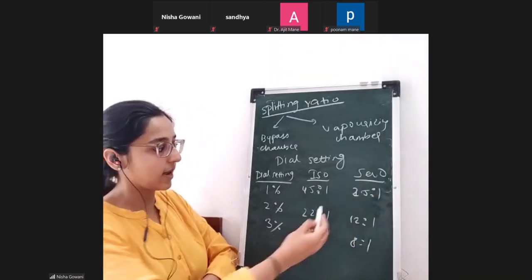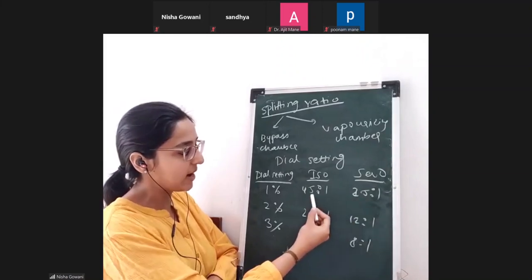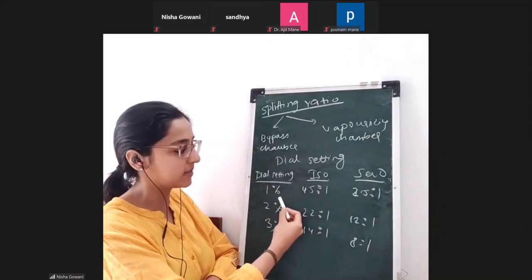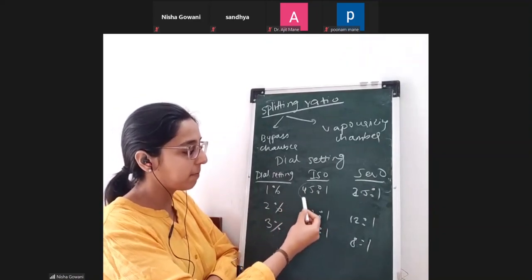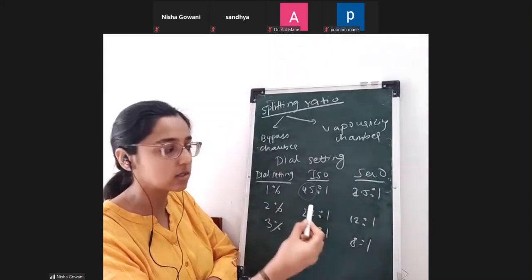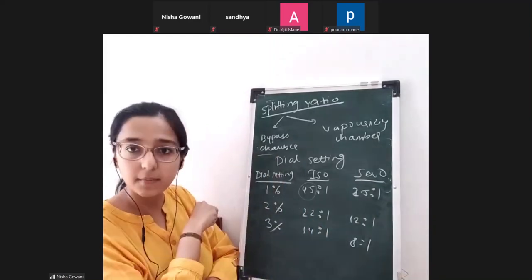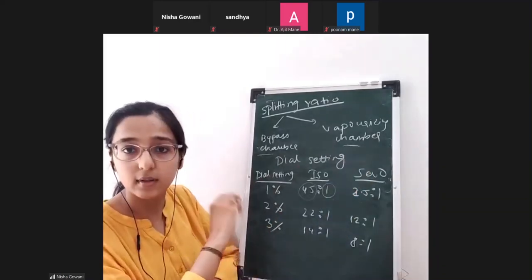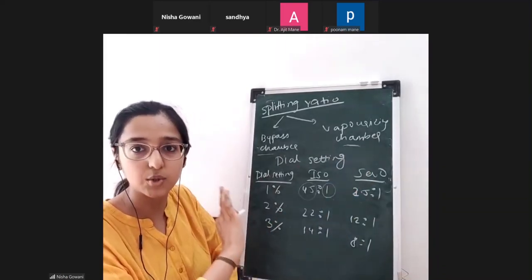Can you see the split? If I set the dial setting of isoflurane to 1%, 45 parts of the incoming gas will go to the bypass chamber and 1 part of the incoming gas will go to the vaporizing chamber. This is what a splitting ratio means.